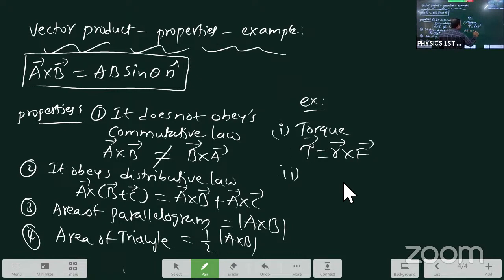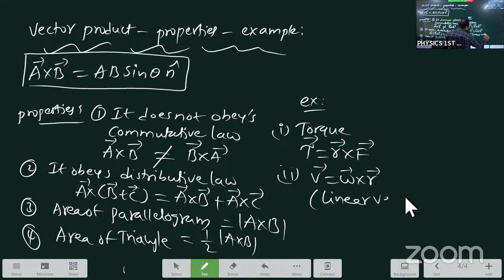Second one, V equals omega cross R. One is torque, the other is linear velocity. This is the 3-star question from system of particles, rotational motion. Again, I'm repeating: from system of particles rotational motion, total 3 plus 1, 3 questions with one problem, student.